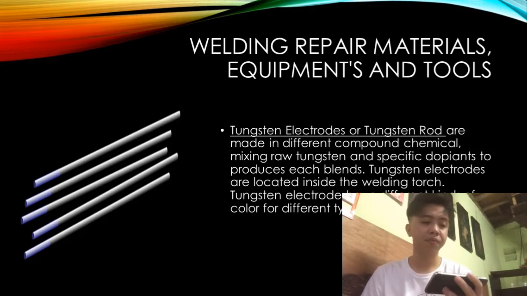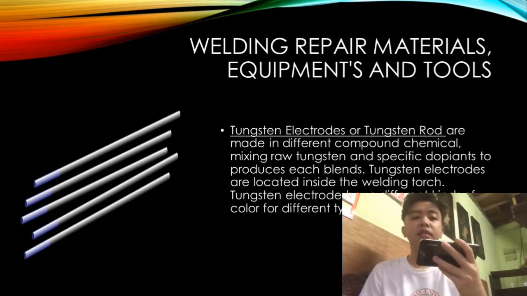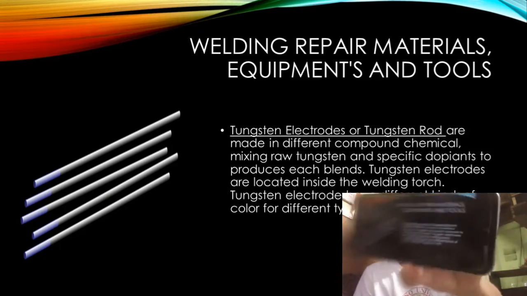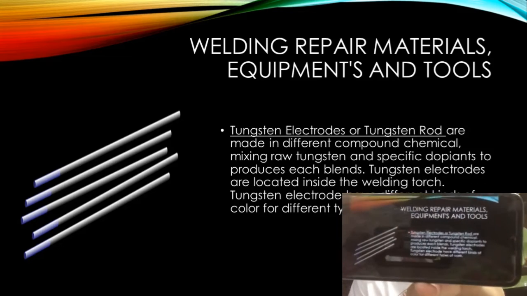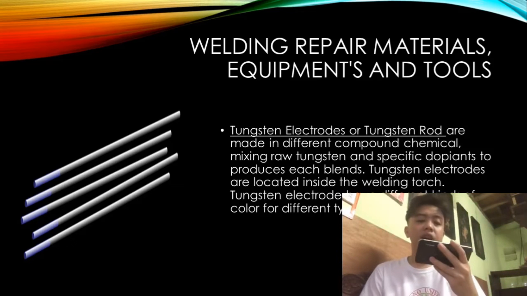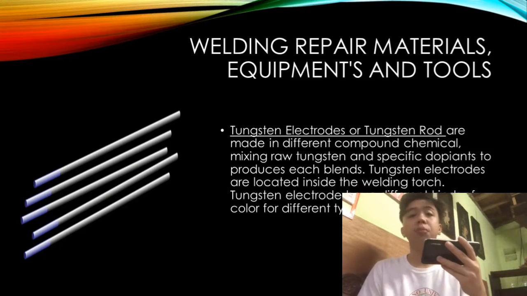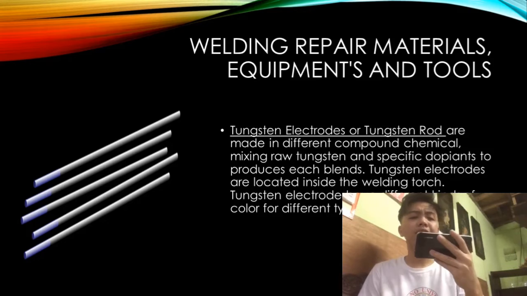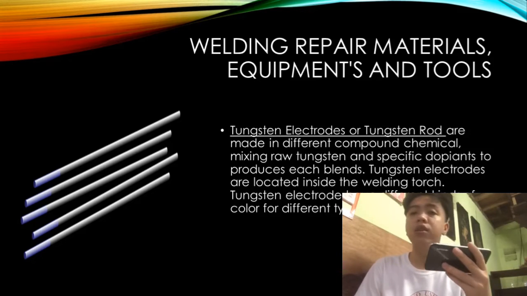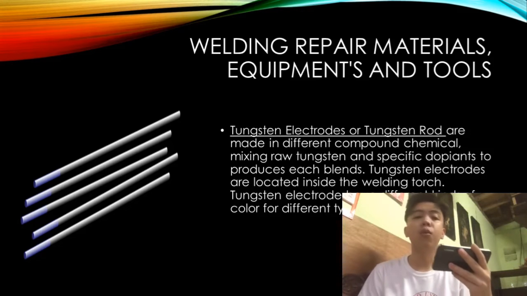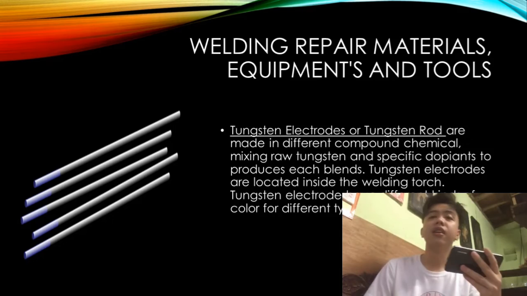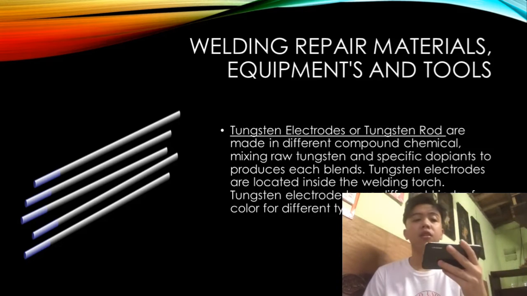Next, tungsten electrodes or tungsten rods. Tungsten rods are made in different chemical compounds, mixing raw tungsten and specific dopants to produce each blend. Tungsten electrodes are located inside the welding torch, just like I said in the previous slide.